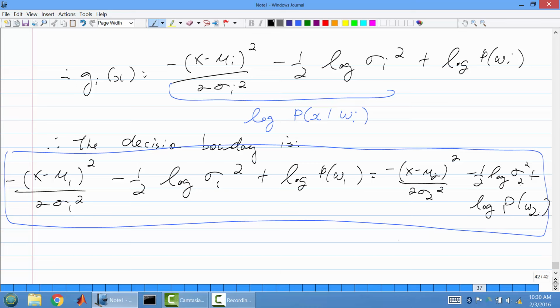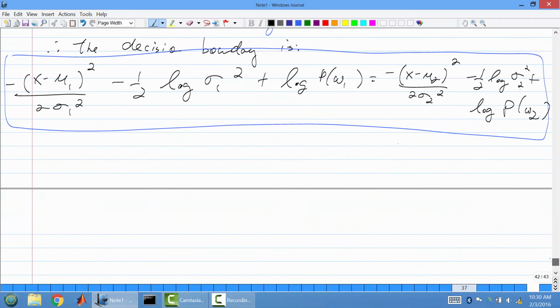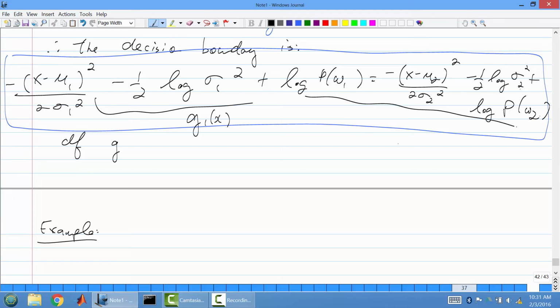Let me just give you a little example so you see what I'm talking about. Just an example for one feature. Before I do that, let me just do this. So this here is G1, and this one here is G2.